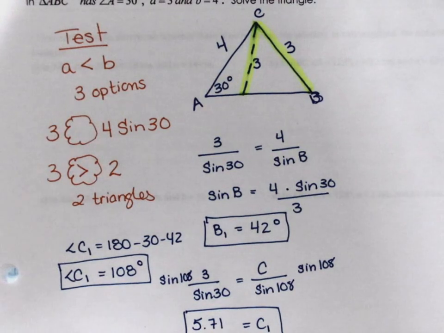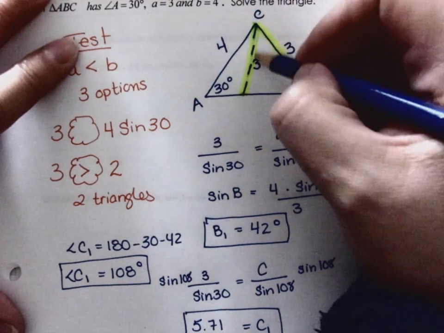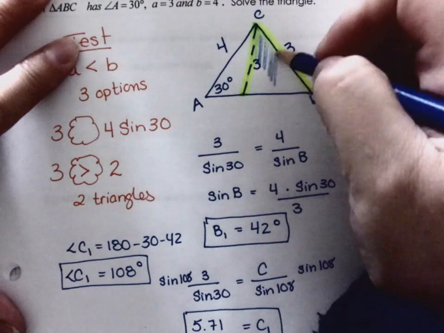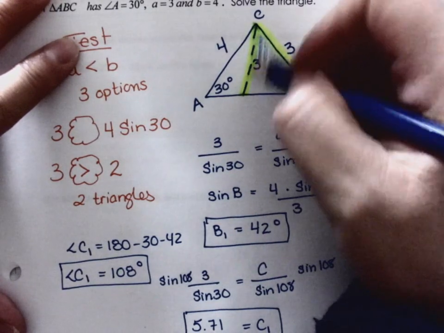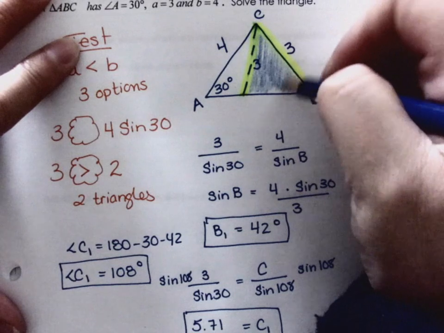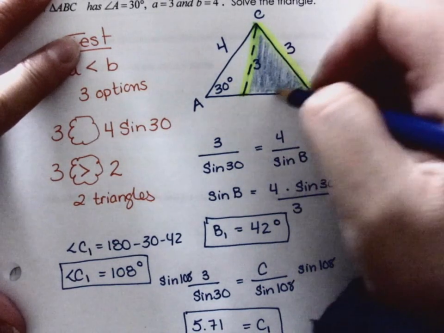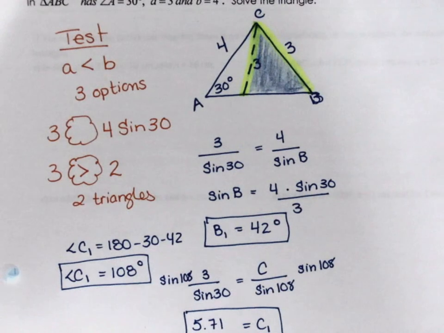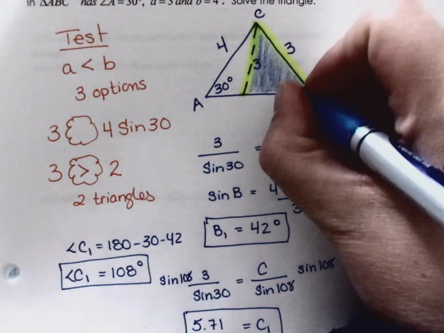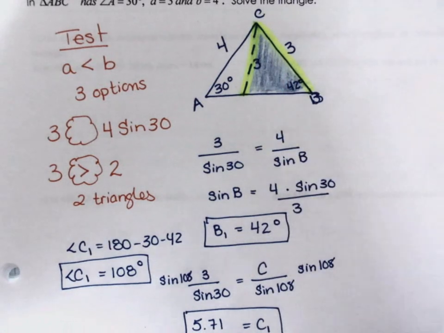I'm going to color in my helper triangle just to remind me that it's a helper and it's not my solution. It's just my helper. I know angle B1 is 42 degrees.